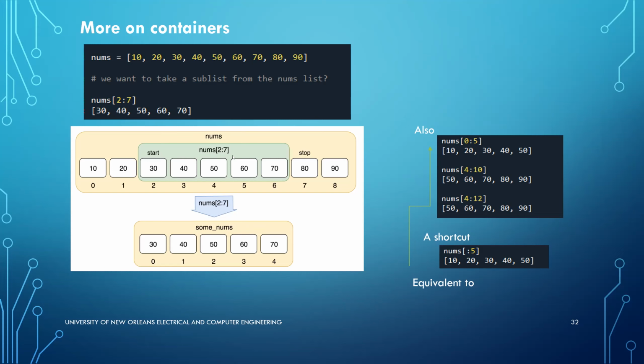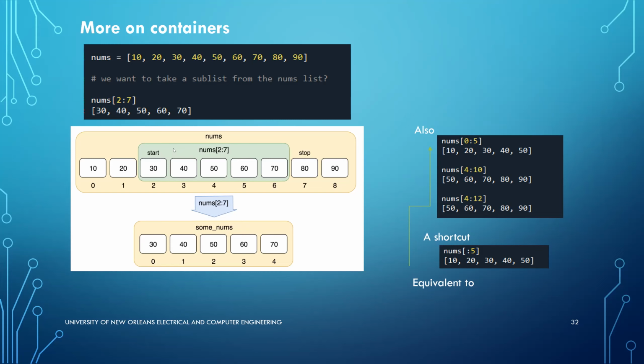You can see also here how this is done graphically. The only exception in this graphic is that the result of nums 2 colon 7 was placed in another variable called sub nums, which we didn't show in here, but that's what is happening.